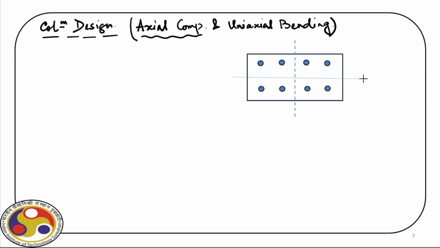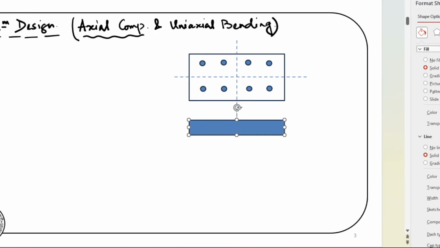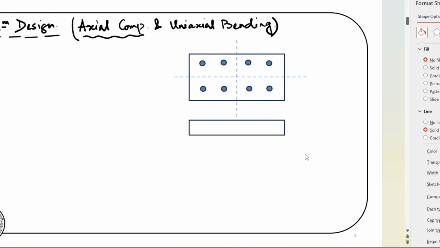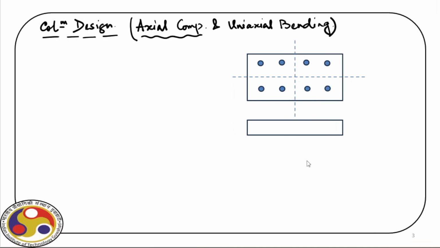So first we will go through the assumptions that we make before we design this column. Now, first thing is axial compression. So if you have axial compression, so we have the strain diagram for axial compression, and as you can see, it is uniform over the cross section.